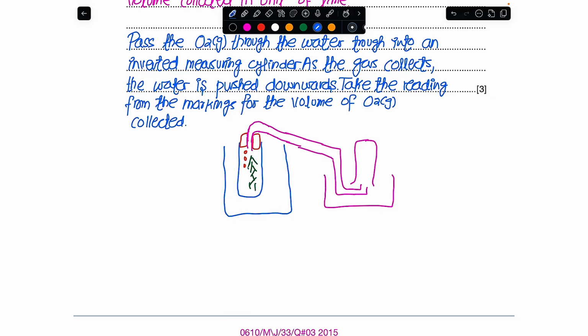Initially, when the oxygen gas is not yet coming into this inverted measuring cylinder, it would be completely filled with water. But as soon as the bubbles of oxygen gas start to collect here, they would push the water downwards. So the space that we create here by the collection of oxygen gas would give us an idea of how much volume of oxygen gas was collected in a given period of time.